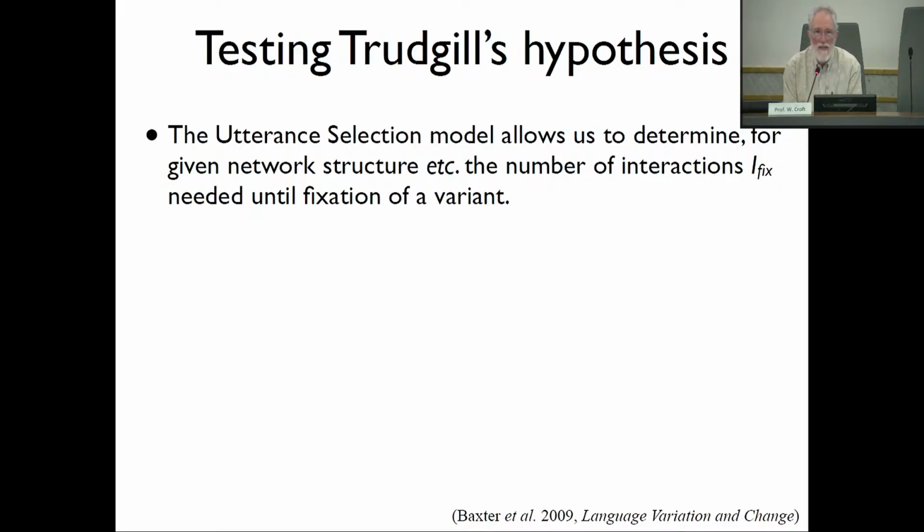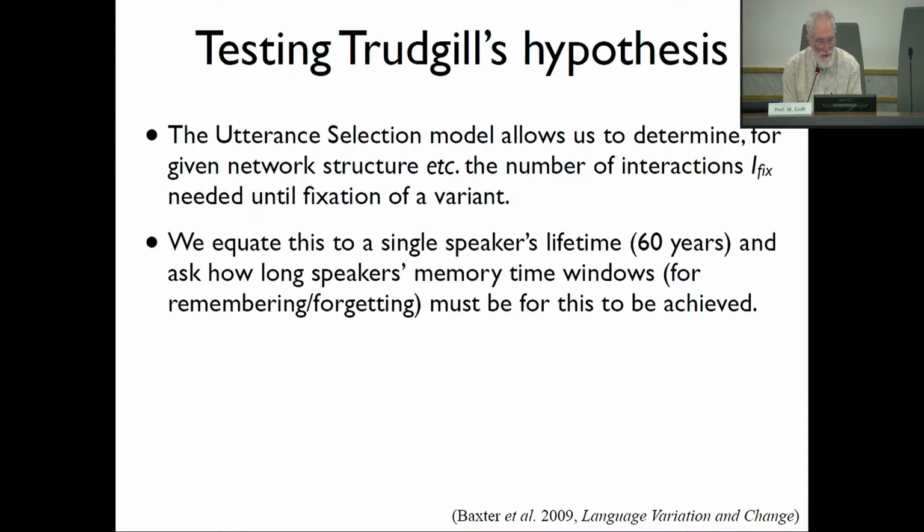Essentially, estimates that gave Trudgill's theory the best chance. You know, the lowest estimates that would give his theory the best chance to succeed. So we equated the number of interactions to a single speaker's lifetime, and then asked how long a speaker's memory time windows for remembering and forgetting must be for this to be achieved.